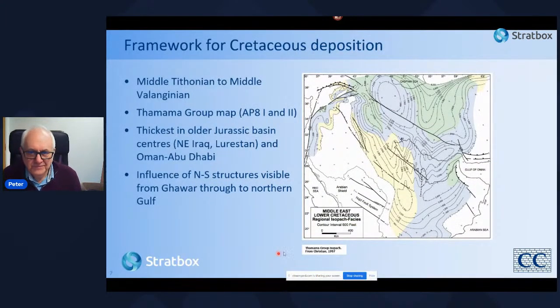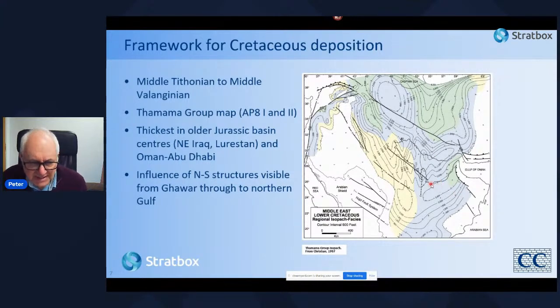Now, if we start at the bottom, the framework for Cretaceous deposition really depends on the inherited geometry and subsidence patterns in the underlying Jurassic basins. This is a regional isopach map for the Thamama Group, which is the lower Cretaceous, and this includes megasequences AP8, 1 and 2, and the thickest is in the older Jurassic basin in northeast Iraq and Luristan, and also in the Oman, Abu Dhabi area.